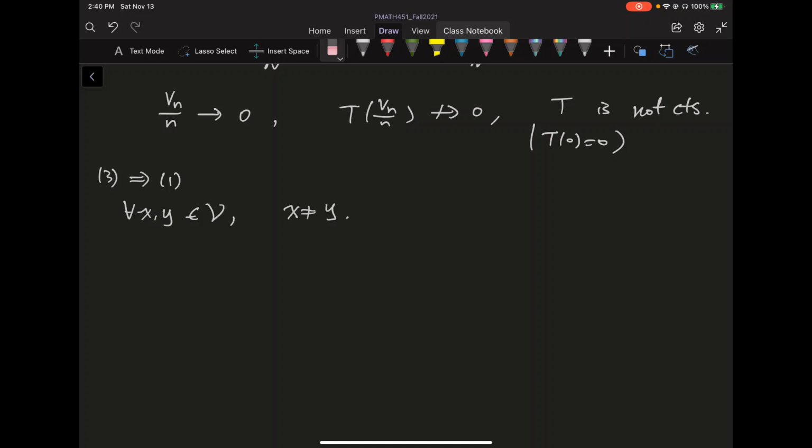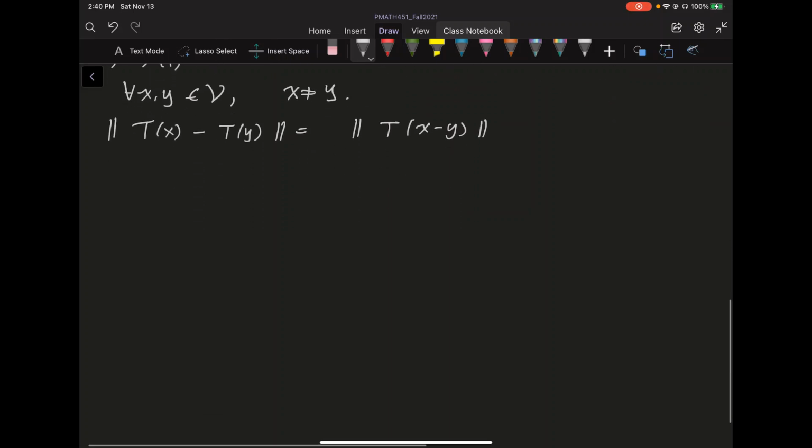Okay, so I want to show the norm of Tx minus Ty is close enough when x and y are close enough. So let's consider Tx minus Ty. Well, first of all, because T is linear, this is just T of x minus y. Okay, so I can move them together. And now is T evaluated on a single vector?